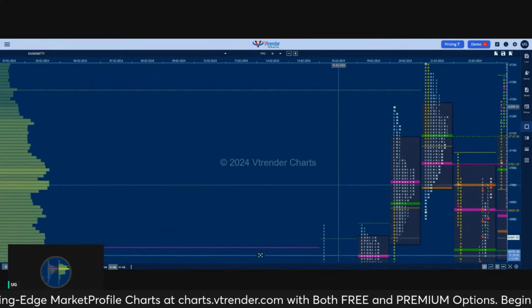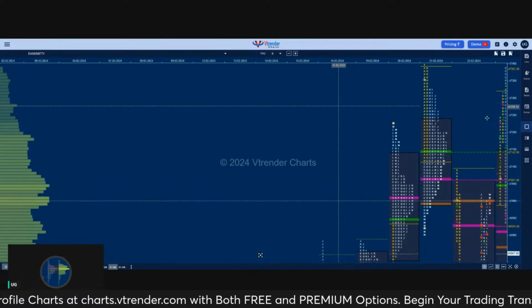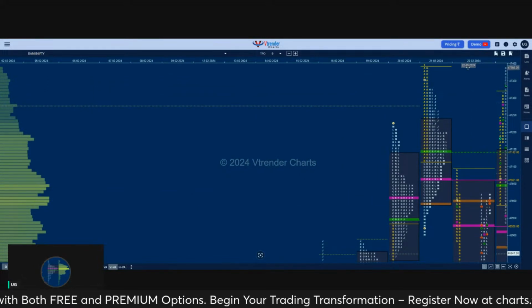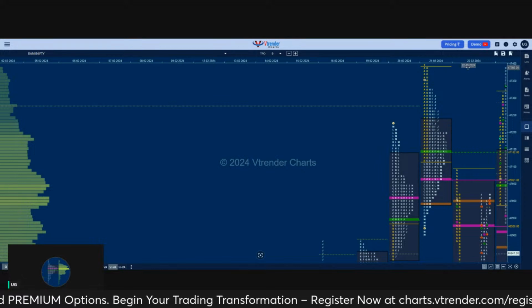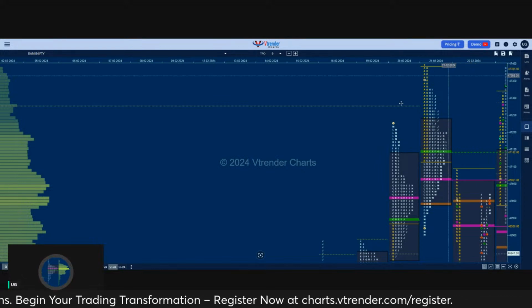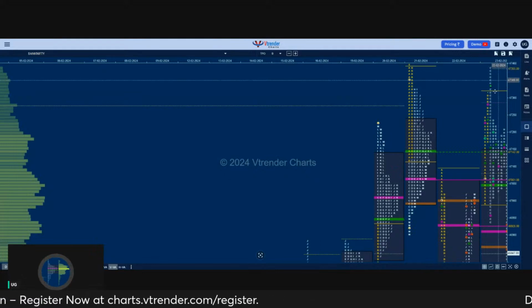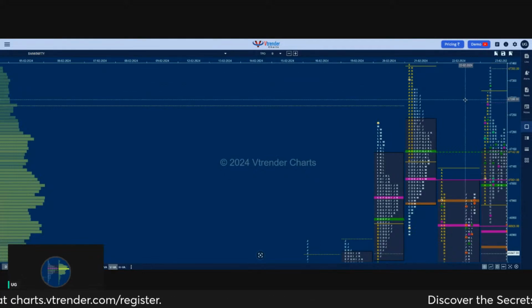So we went on to probe higher, but you can see the C side stalled right at that 21st February reference of 47,400. So this is where market profile very visually shows us that the upside is getting capped, and C side is known for giving us these kind of fake moves which get retraced.